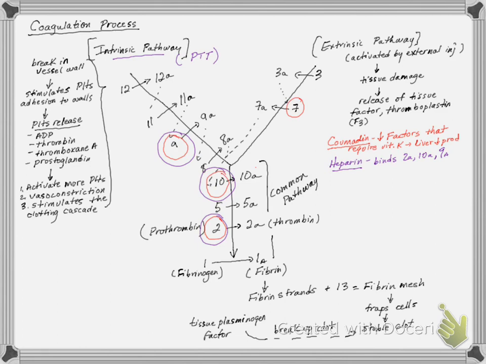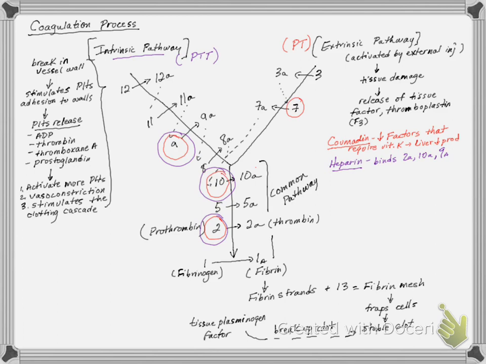if we want to see how well the extrinsic pathway is working, we'll use a PT time, prothrombin time, to determine how that pathway is working, because the Coumadin works on the extrinsic, and it works a little bit on the intrinsic as well. But we can use the PT to see how it is working.